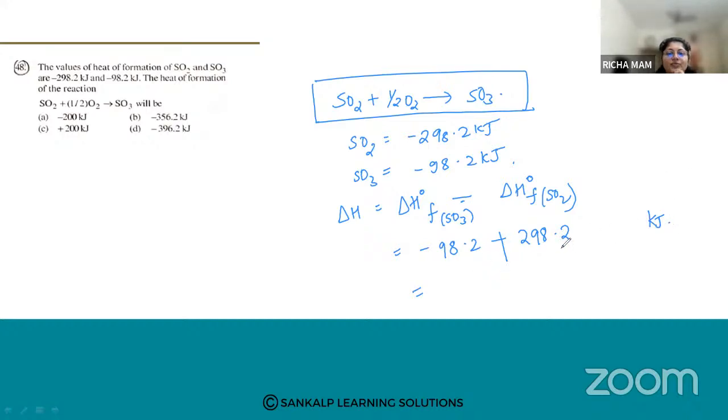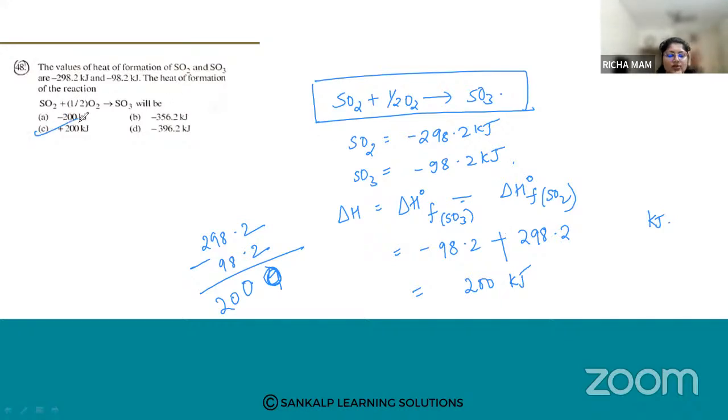So it is 200 kilojoules. Which is the answer?